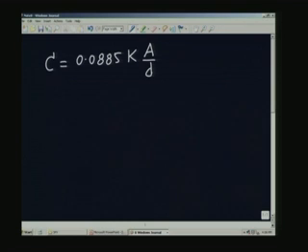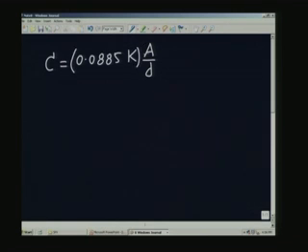Suppose I look at the equation, we have C equal to some constant 0.0885 K times A by D. Once you have chosen the dielectric constant or the material between the two plates, this is going to be a constant.